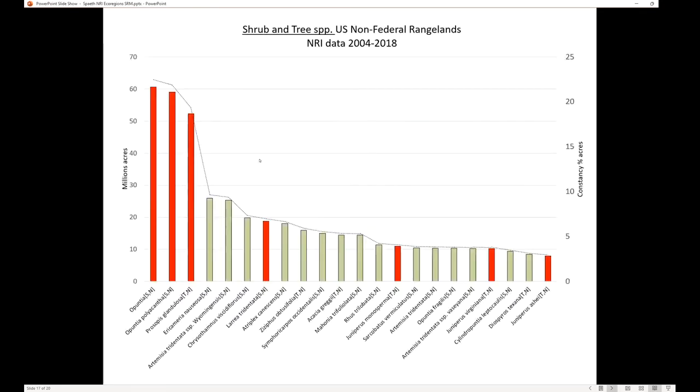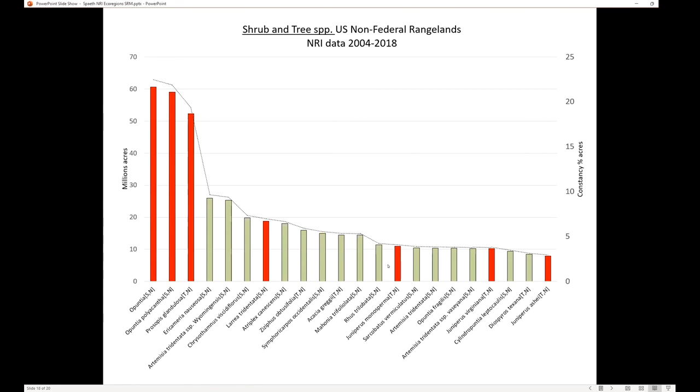Last but not least, we'll quickly look at the situation in terms of trees and shrubs. Opuntia species are a problem, or at least they occur on about 22 to 23%. Mesquite was the third most prevalent invasive shrub, even though it's a native species.